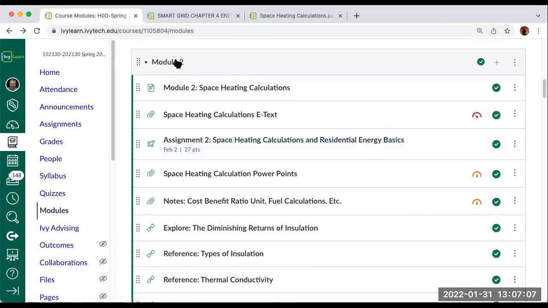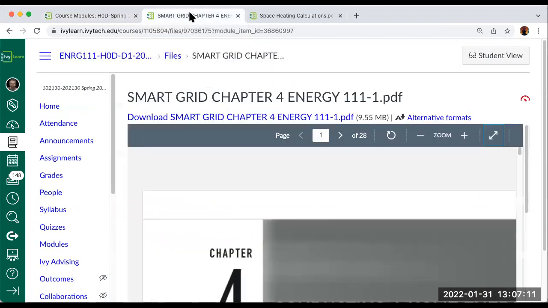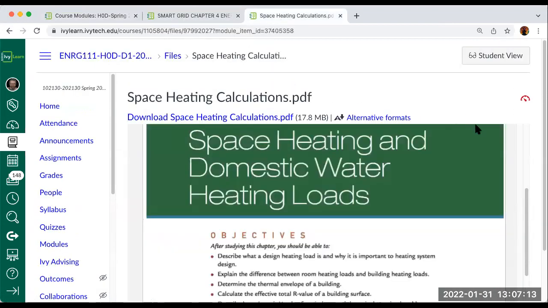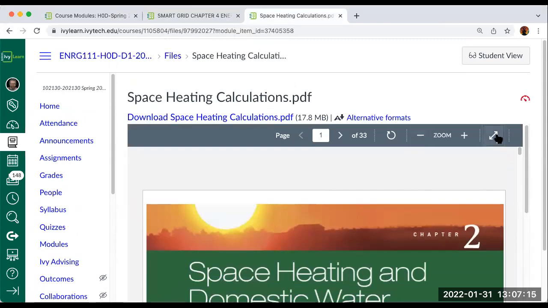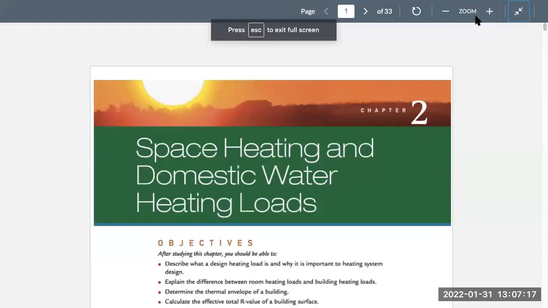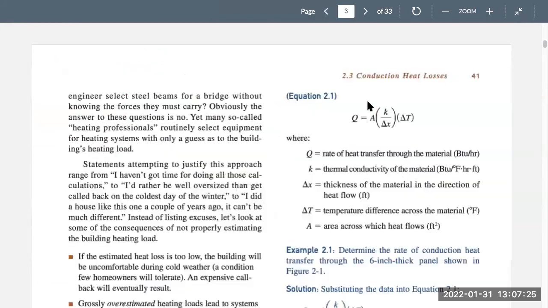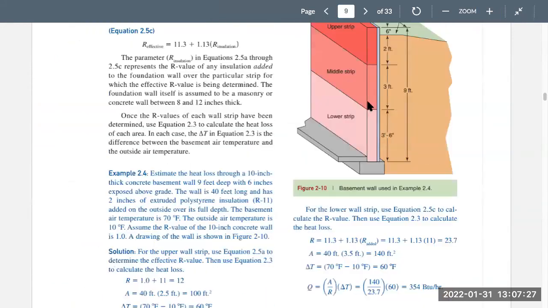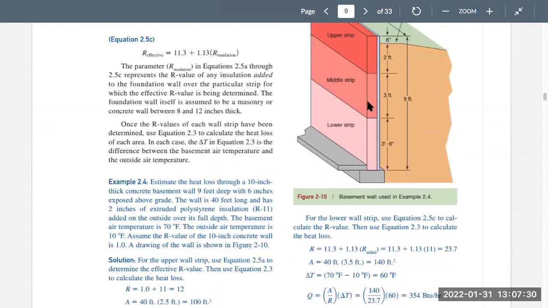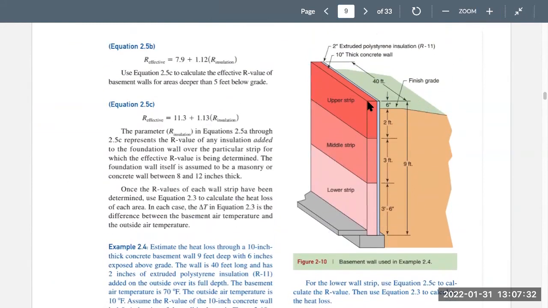Now, module 2, we were still in the space heating. So I'm going to click on that and bring us down to about page 15, because we were just finishing up with the basement calculations.